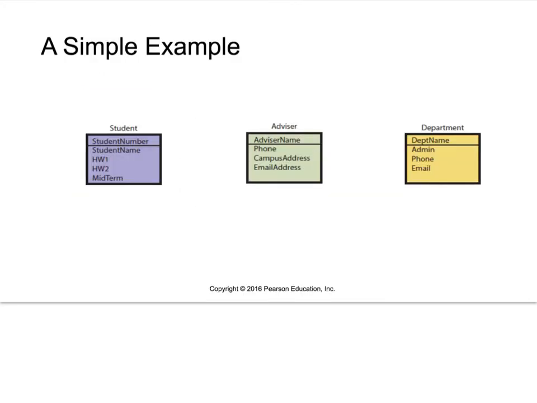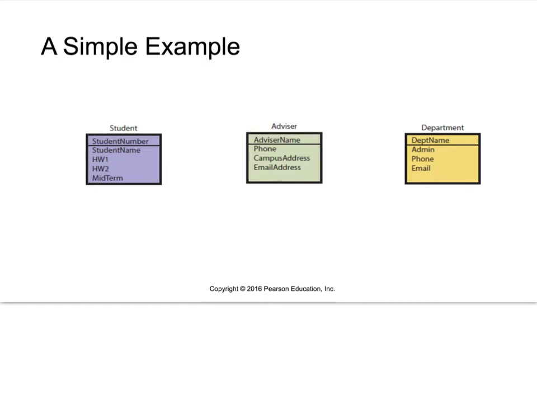Here we have a simple example of students, advisors, and the departments that the advisors belong to. Notice that each entity is labeled at the top with the entity name: student, advisor, and department. Within the box for each entity are the actual data pieces that are relevant to that entity.